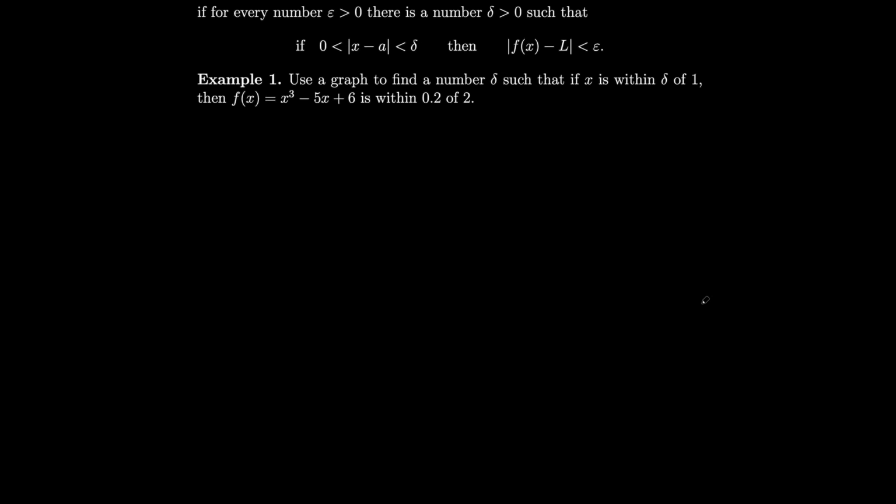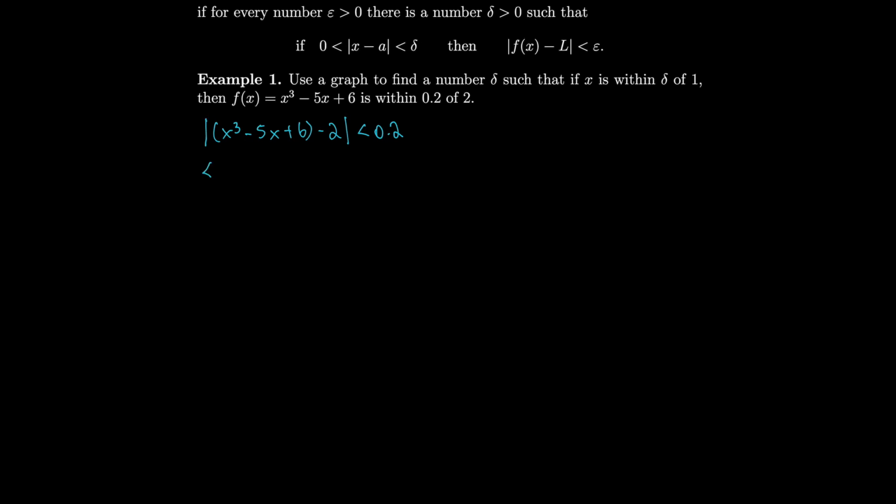So we want the absolute value of x cubed minus 5x plus 6 minus 2. And remember, absolute value represents distance. So this means the distance between this function f of x and 2, we want to be less than 0.2. We want it to be very close. But how close? Within 0.2 close. Absolute value is the same thing as a triple inequality when it's less than.